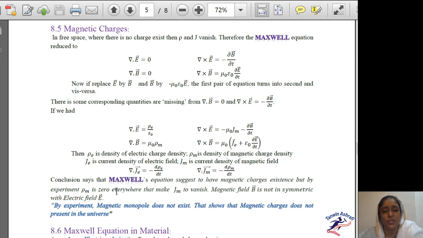Therefore, rho m is 0 everywhere, which makes Jm vanish, and the magnetic field is not symmetrical with the electric field. By experiment, we don't have a magnetic monopole, and that means the magnetic charge is not present in the universe. And this makes the Maxwell conclusion fail.